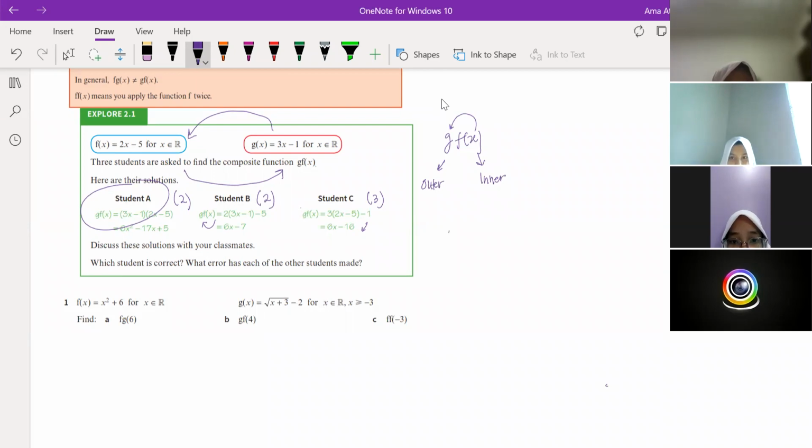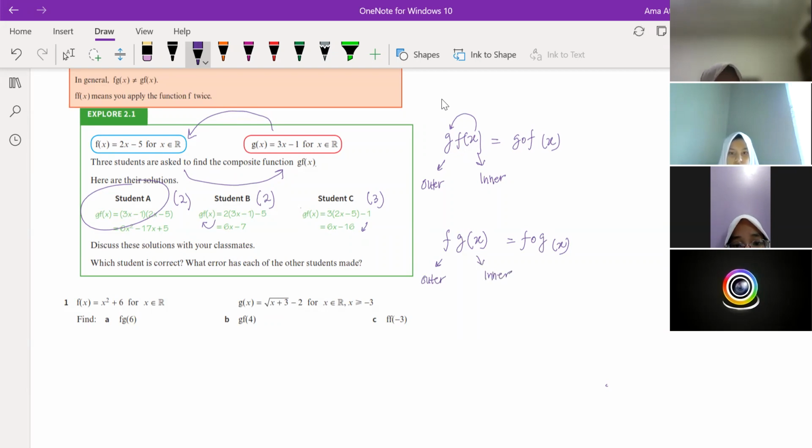But if we have f of g of x, sometimes the book says f circle g of x, with the circle for composition, and this is g circle f. So f here is the outer, the position of f is in the outer, and g is the inner.